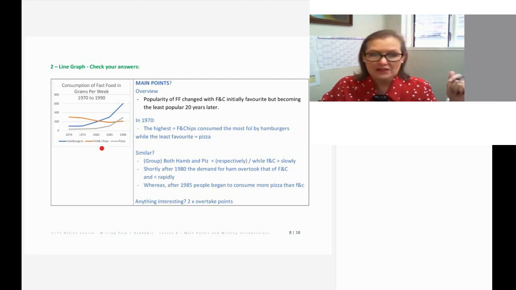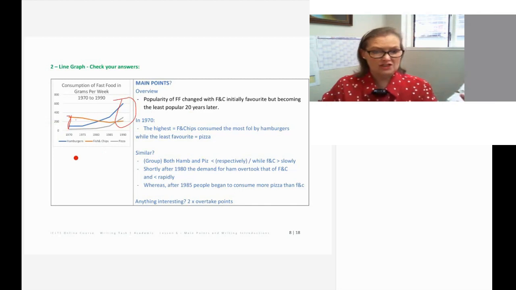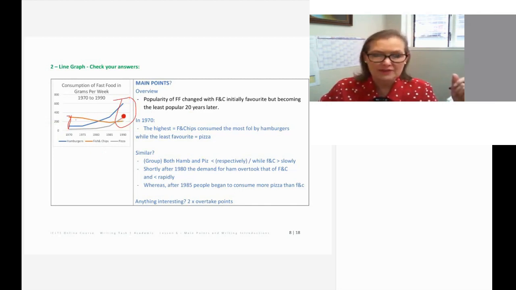So I think the main overview, and perhaps I would change that even slightly more now, is that definitely there were a lot more people buying takeaways 20 years later, or buying fast food, than there were in the 1970s. So a much larger number are actually purchasing takeaway food.